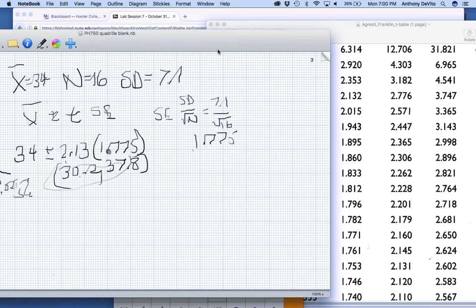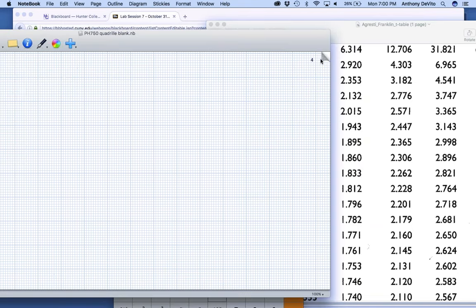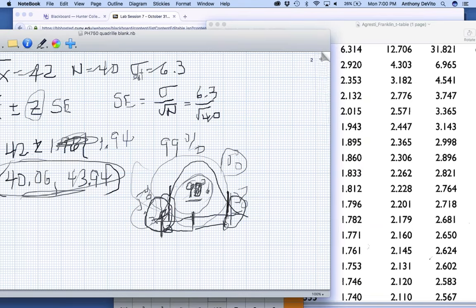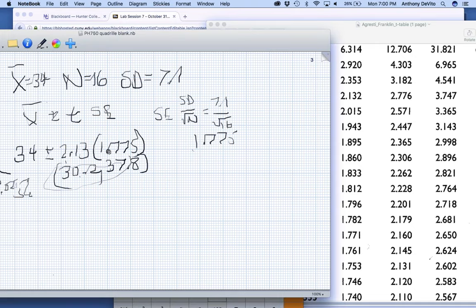That's quite a bit wider than our margin of error was before, right? Our range before was only 4. Now our range is almost 8, right? So that's quite a bit wider, and that's attributable to using the t-value.